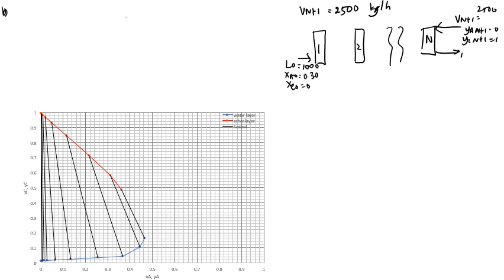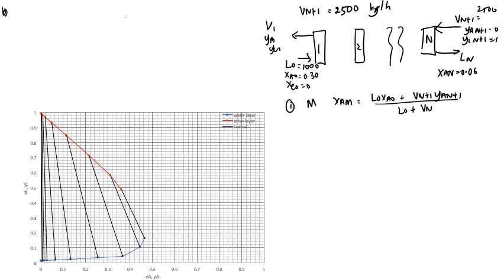And here you have Ln where Xan is 0.06. Here you have V1, Ya1 and Yc1. So you want to find first the mixing point. So you want to find Xam equal to L naught Xa naught plus Vn plus 1 Yan plus 1 over L naught plus Vn plus 1.